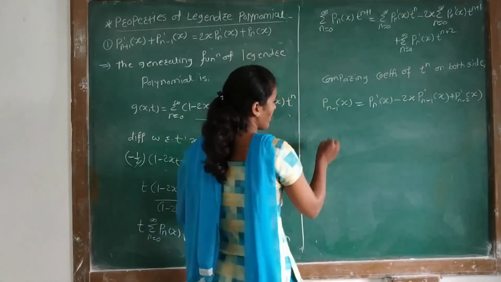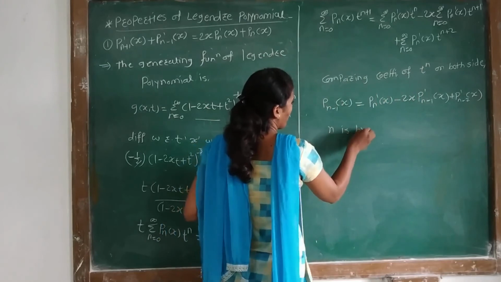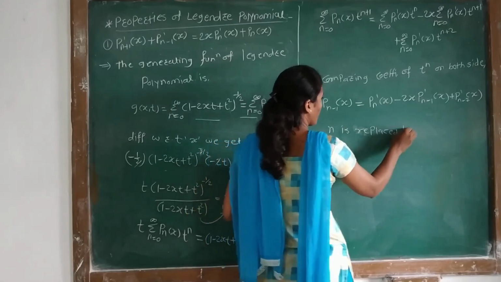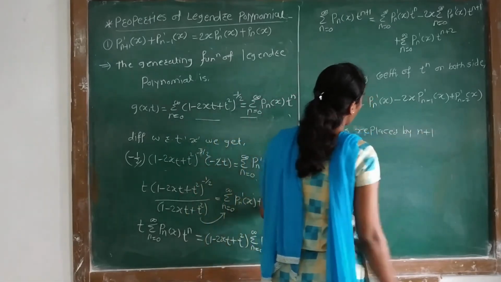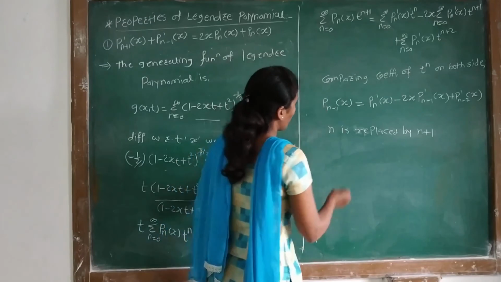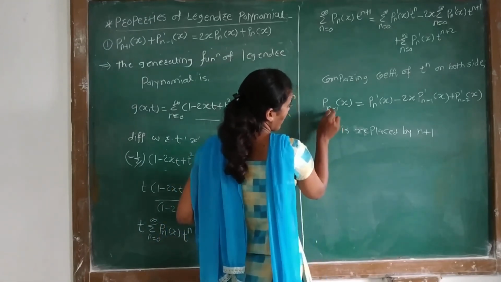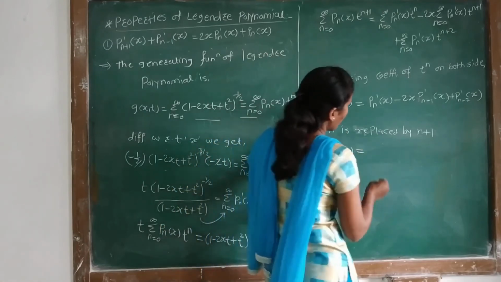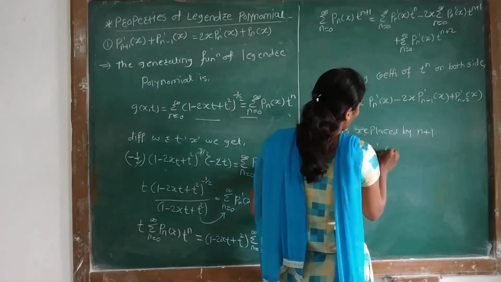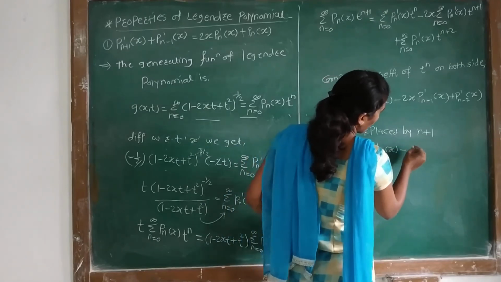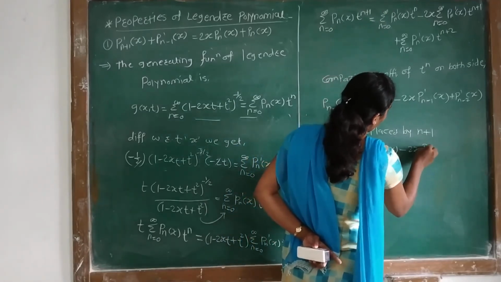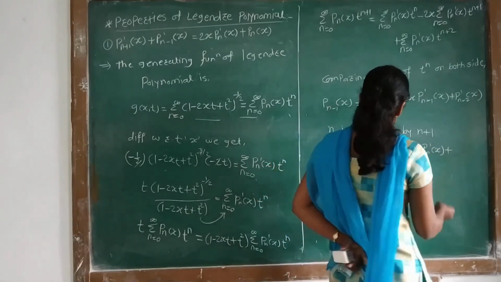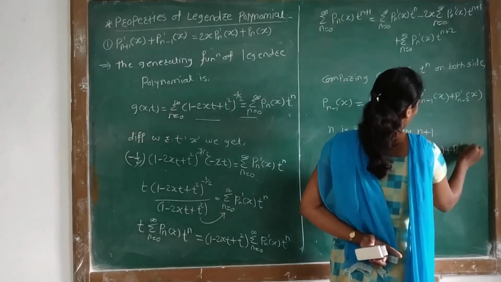Now from this term n is replaced by n plus 1, that is n plus 1 minus 1. Therefore Pn of x is equal to Pn plus 1 dash of x minus 2x Pn dash of x plus Pn minus 1 dash of x.